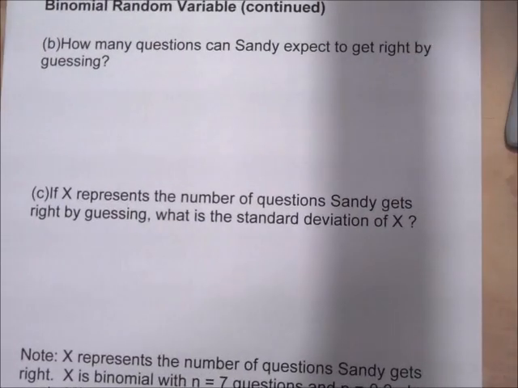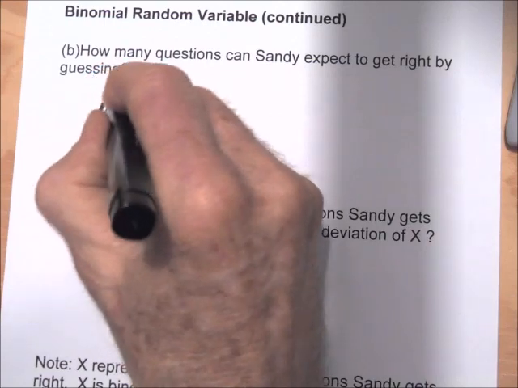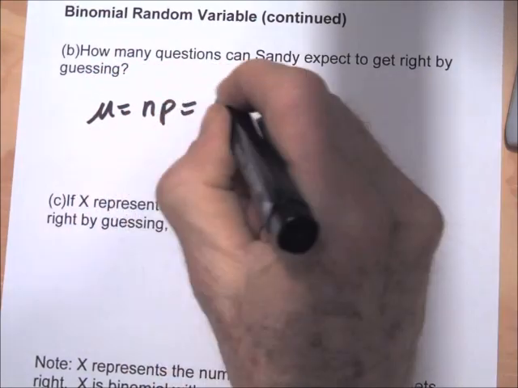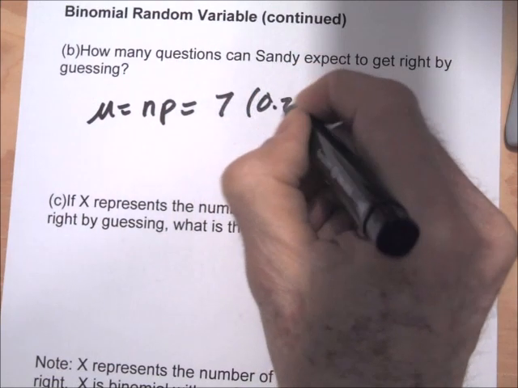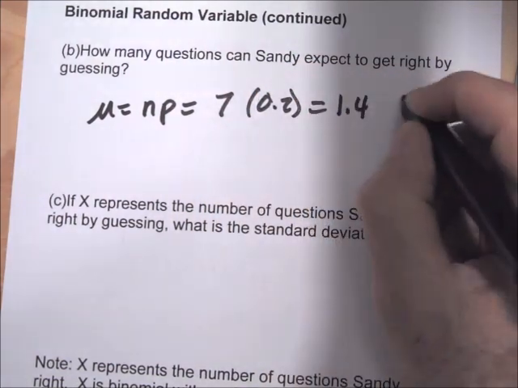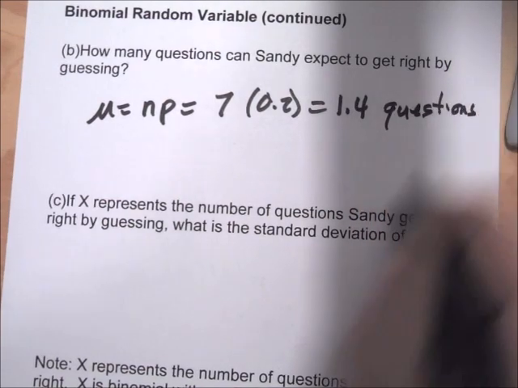How many questions can Sandy expect to get right by guessing? So that's going to be the expected value, n times p. So we have 7 questions, and p is 0.2. So on the average, we expect Sandy to get 1.4 questions right.